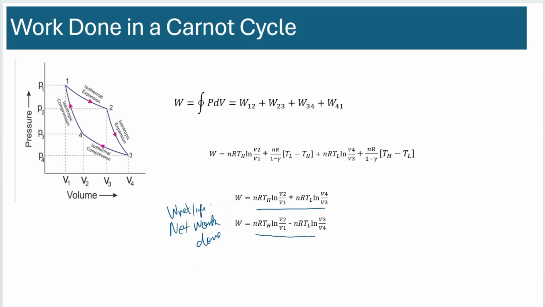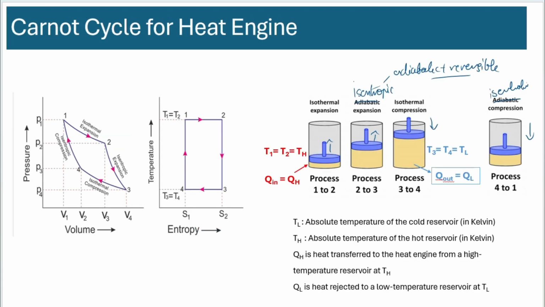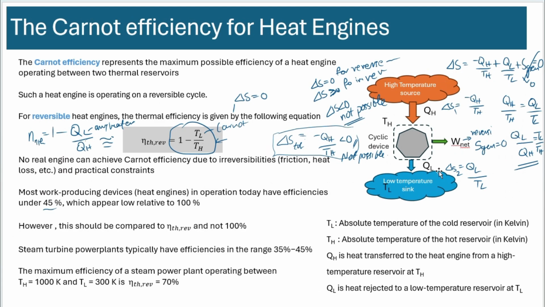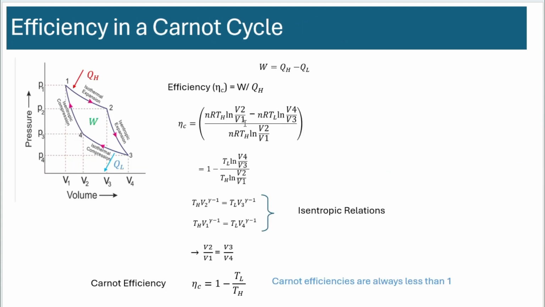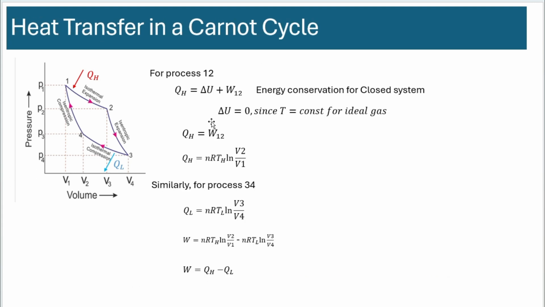So now what about the QH and QL per cycle? Now let's determine that. Work done is basically QH minus QL. Sorry, I skipped one slide. So for process 1, 2, if you do an energy conservation, only process 1, 2 has a heat transfer.